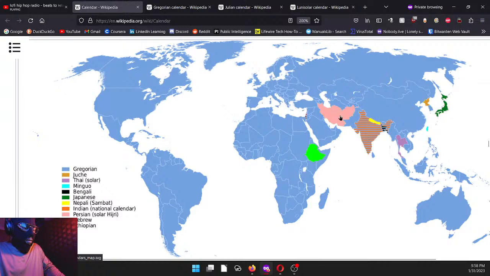So not just modern day Iran, but also Afghanistan followed the Persian calendar. Ethiopian, Hebrew, yeah, Nepalese. So there's this red one. Okay, Indian national calendar. So it's an orange and a mix of a red, Hebrew, or is that a green, like a light green? I'm not quite sure.